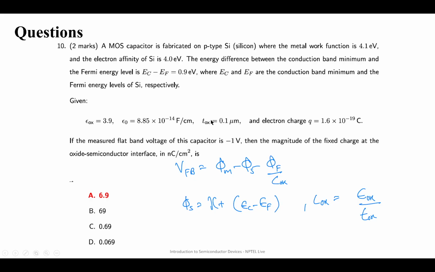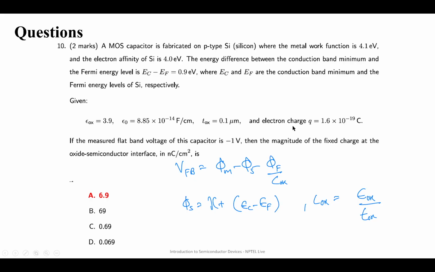Cox you can calculate from epsilon ox by Tox, that would be 3.9 into 8.5 into 10 power minus 14 divided by 0.1 into 10 power minus 4. You put all of that here, and you will get QI in terms of electronic charges per centimeter square.